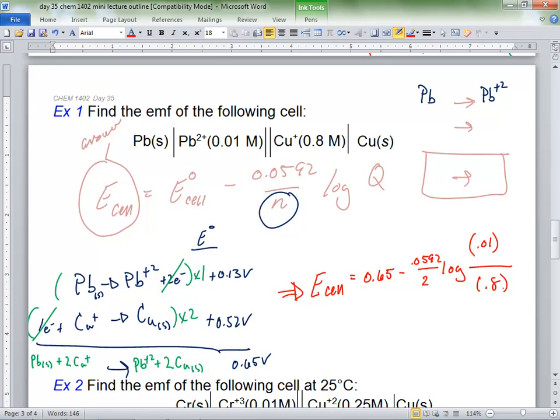Where did the 2 go? It's the squared. In fact, what we probably should have done, so we don't skip any steps and you don't get confused, it'll be lead all over Cu plus, but squared.